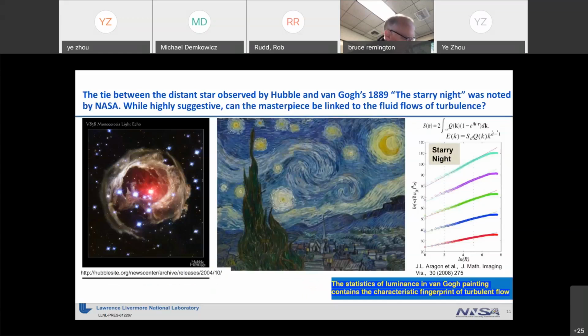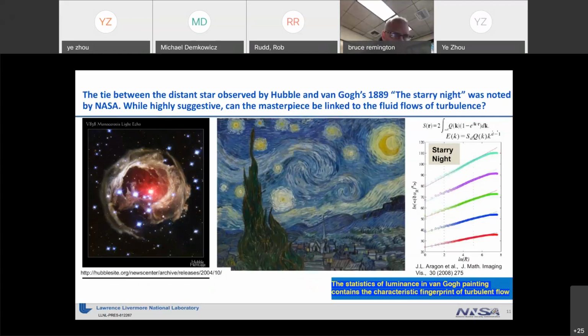So let me just say one more connection about the astrophysics phenomenon and art and the turbulence. Here on the left is an image taken by the Hubble telescope of distant stars.